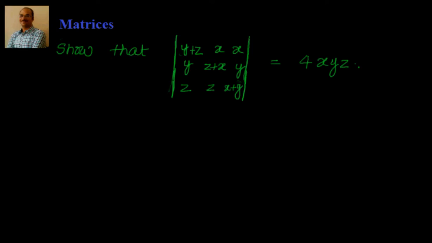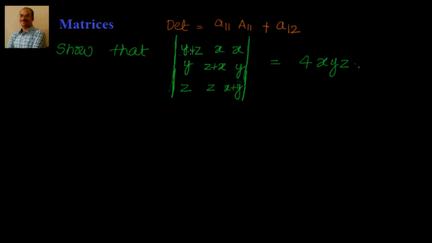Now we know the formula for determinant, right? The formula is very simple. Take the element a11, multiply it with its cofactor, then take the next element. They all should belong to either one row or one column.